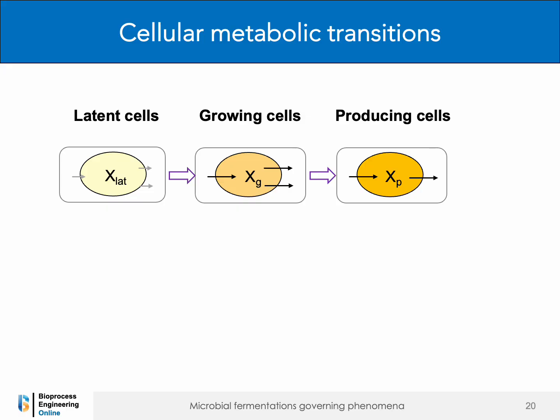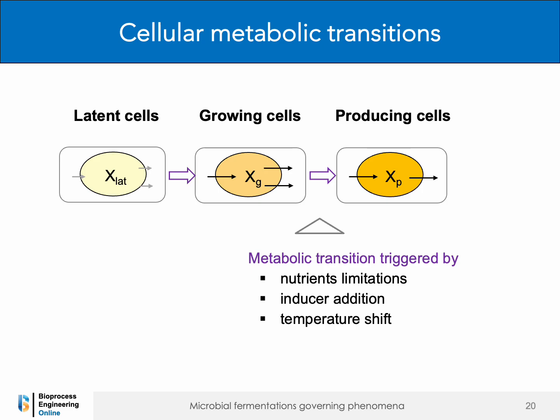A rapid growth phase, characterized by active cell division and biomass accumulation. A production phase in which metabolic activity is redirected toward the synthesis of desired products rather than biomass. The transition into the production state is often triggered by external factors such as the addition of an inducer, a temperature shift, or nutrient limitation.